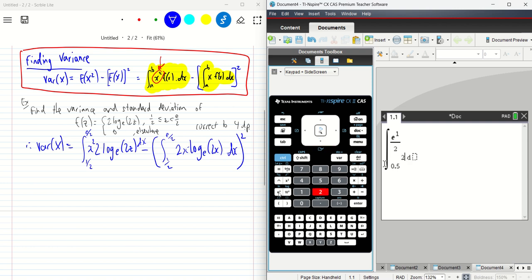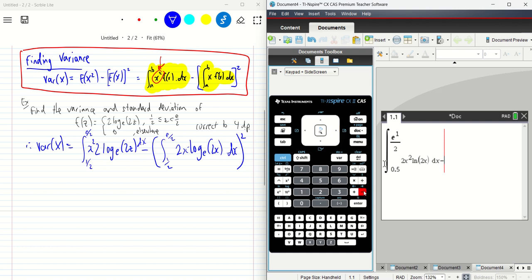And then we've got 2x squared times natural log. Whoops, I've done some x's and some z's. Just so that you know, it should be in z's, it should be dz's, but I've accidentally changed to dx's, so I'll go with x's. So 2x squared log e of 2x dx. Okay, so that's that first part.